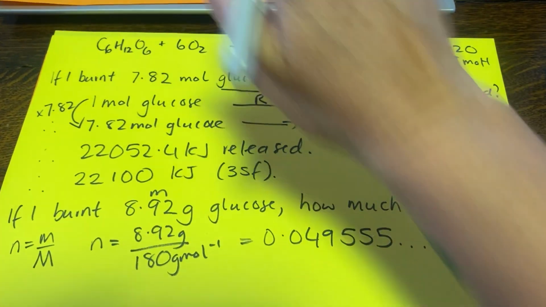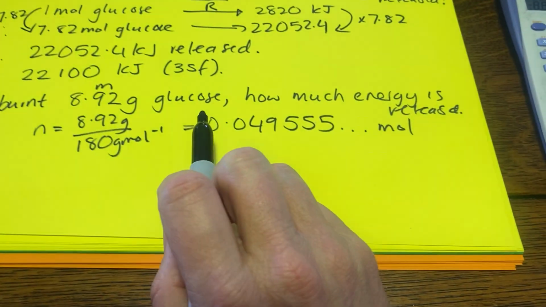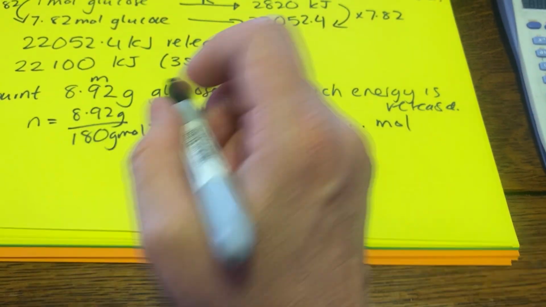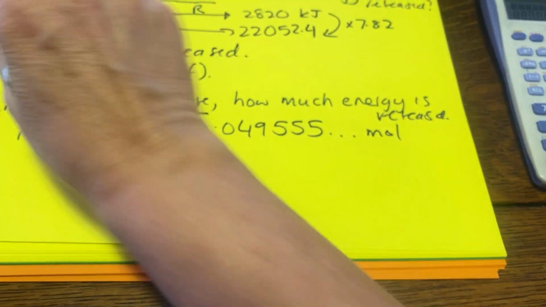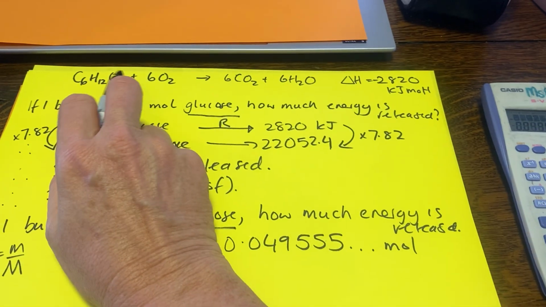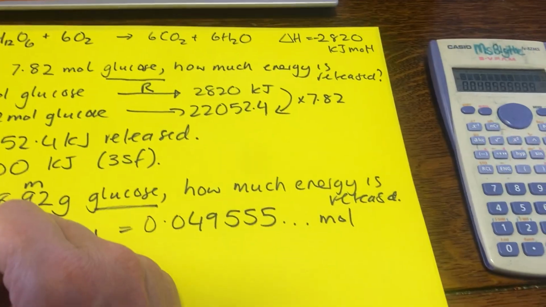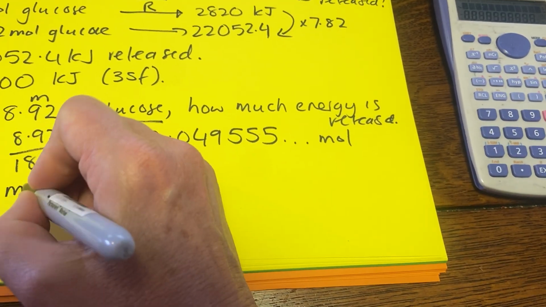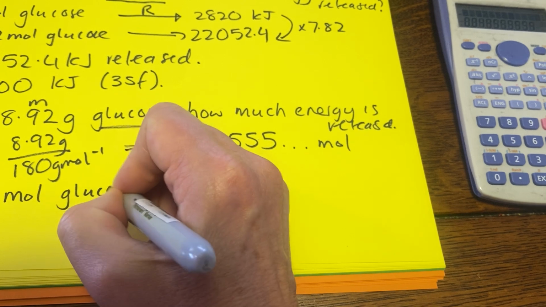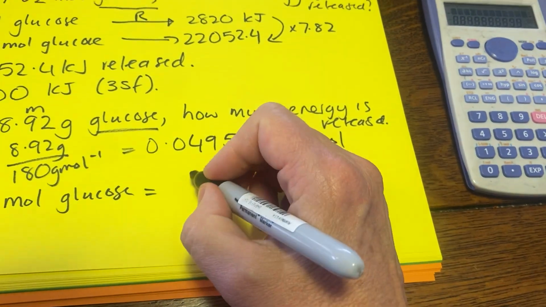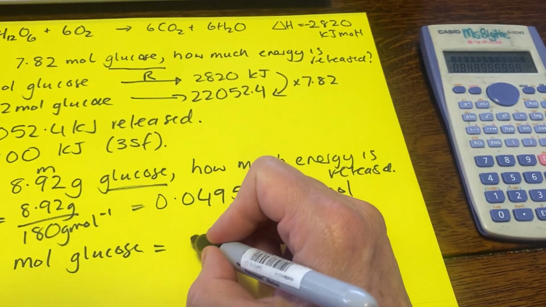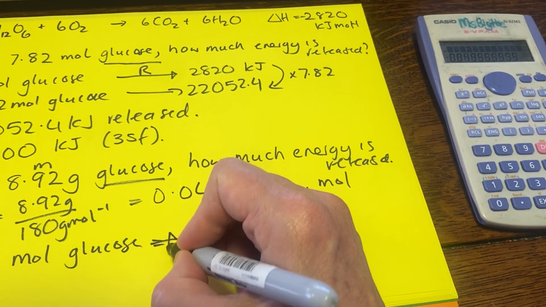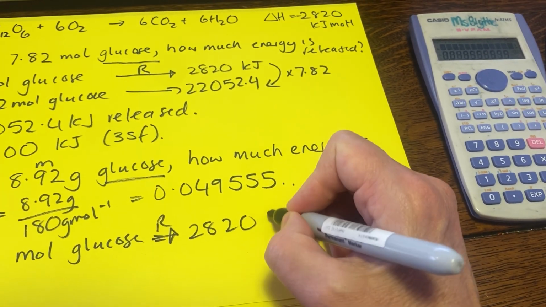Right, so now from the equation, again, I'm working on glucose. So I know I've got 1 mole of glucose from my equation up here. So 1 mole of glucose equals 2,820 kilojoules.